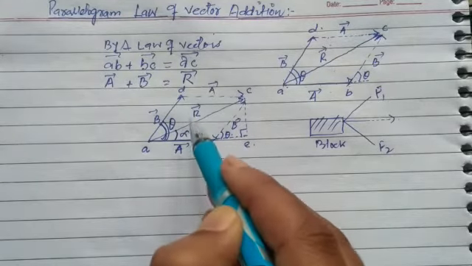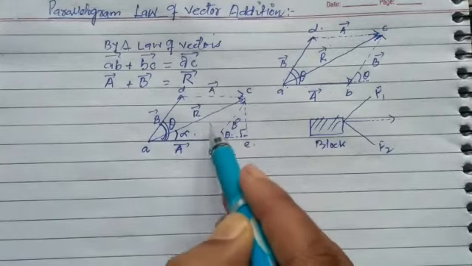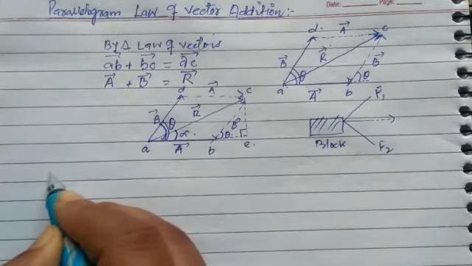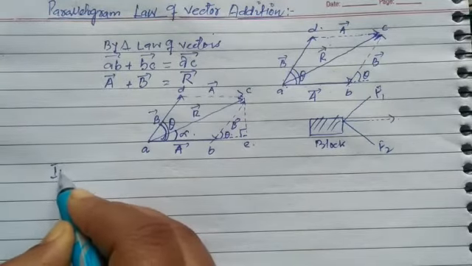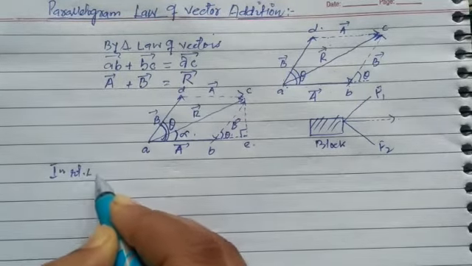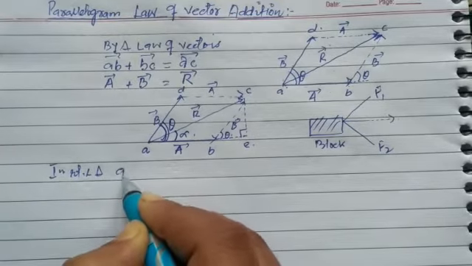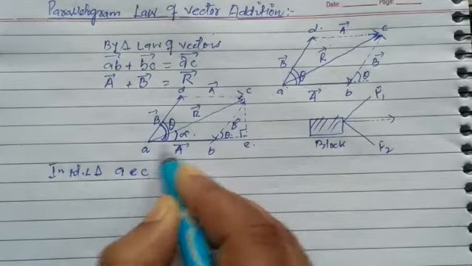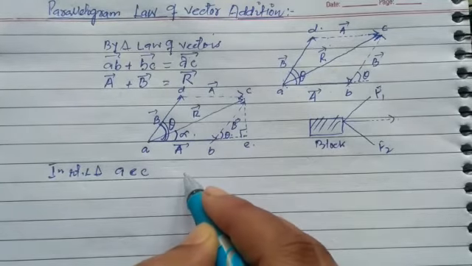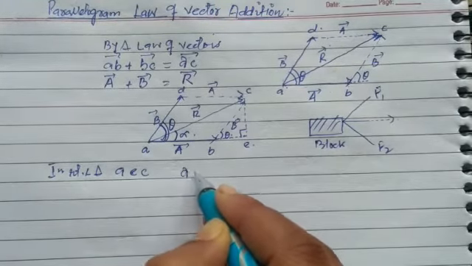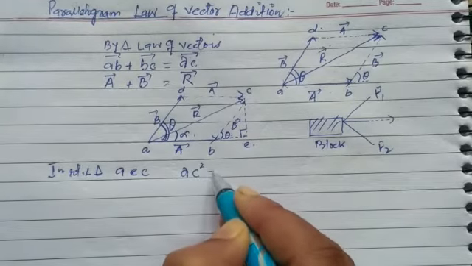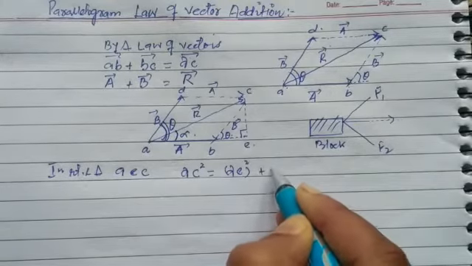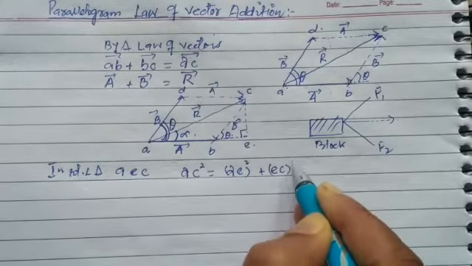In right angled triangle AEC, we have AC square equals AE square plus EC square.